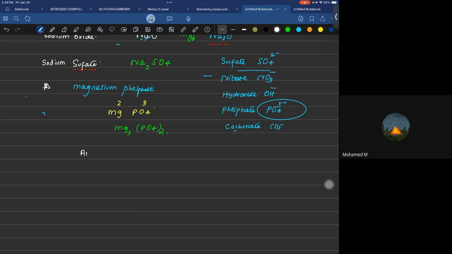Can you tell me aluminium sulfate? Okay, Al2SO4 in brackets, and then aluminium is in group 3.